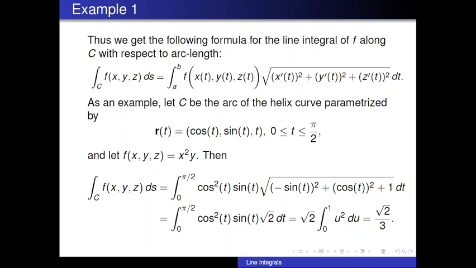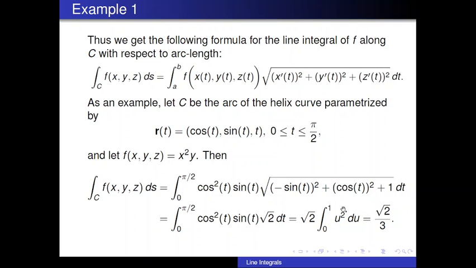So then, if we want to integrate f along c with respect to arc length, then we'll form the integral from 0 to pi over 2 of cosine squared t times sine of t. That is this x squared times y, right? We just take x is cosine of t, we square that, and y is sine of t, we stick that there. And then we can't forget to put this length of r prime of t next to it.